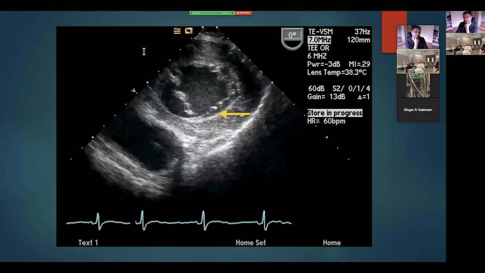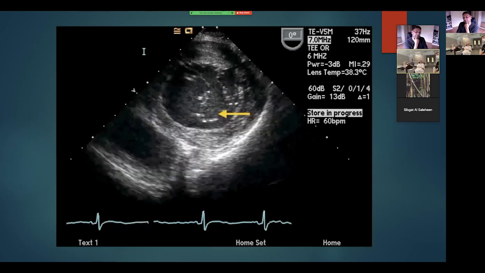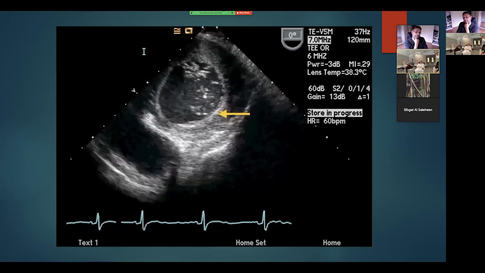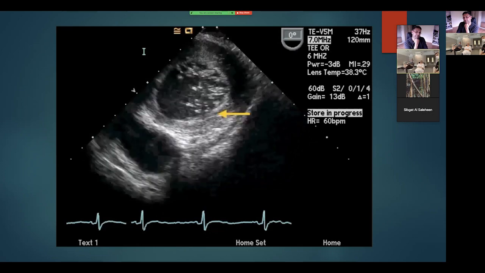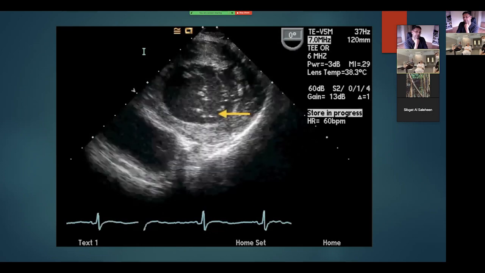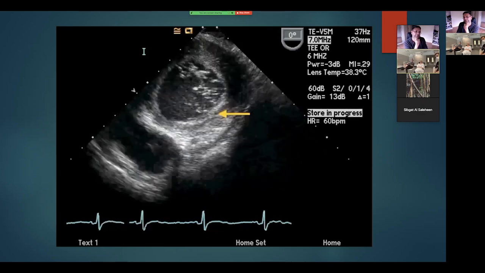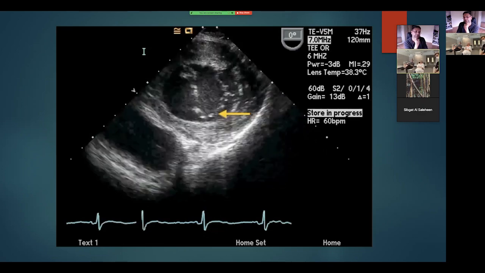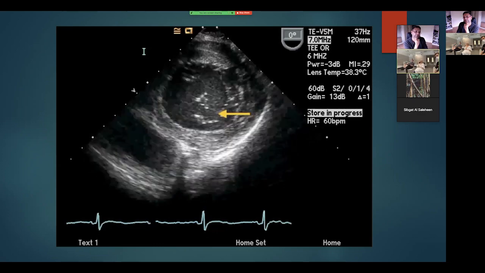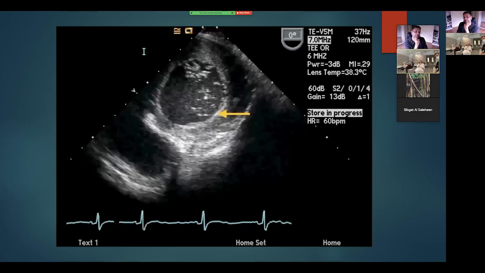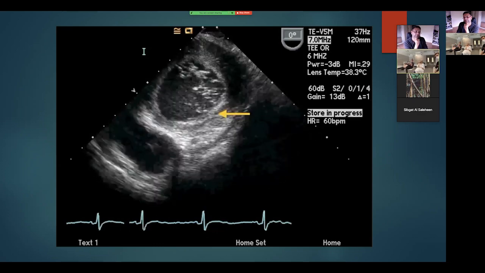You can see all the scallops here: A1, A2, A3, P1, P2, P3. And the arrow is on which scallop? The lateral scallop is the 1.